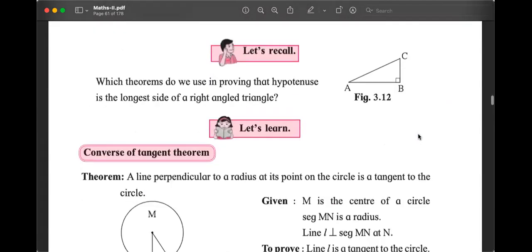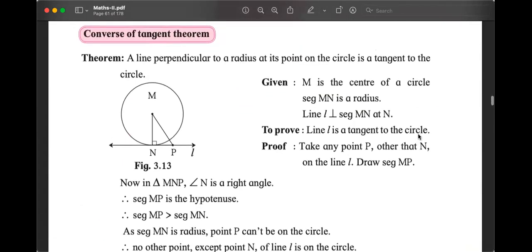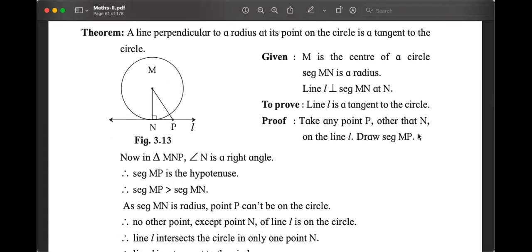And the converse of it: a line perpendicular to a radius at its point on the circle is a tangent to the circle. For the converse, the proof is definitely part of the syllabus. Very easy.